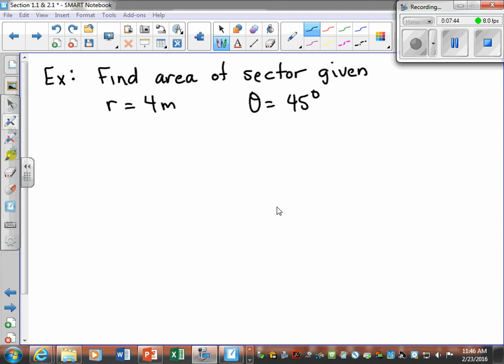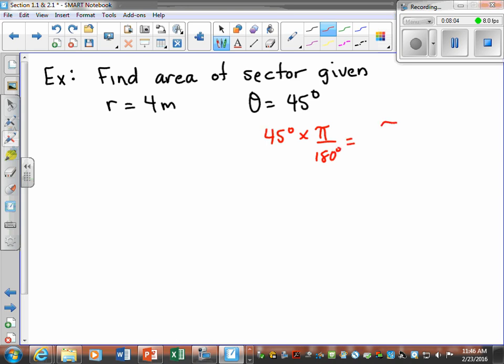Find area. They give us radius and angle theta. Remember, angle theta needs to be in radians, so we want to convert 45 degrees to radians. Reduce that and it simplifies to pi fourths. And plug it into our formula. Area is equal to 1/2 radius squared theta.